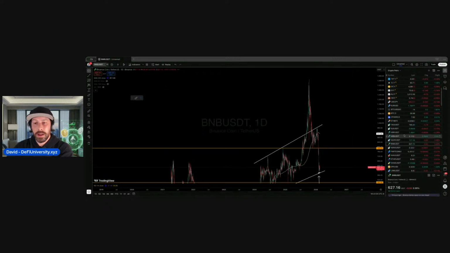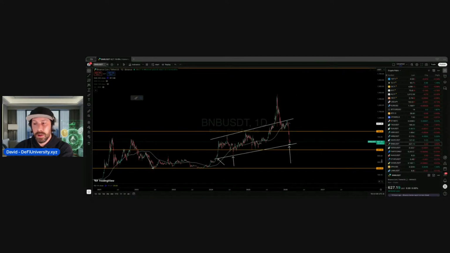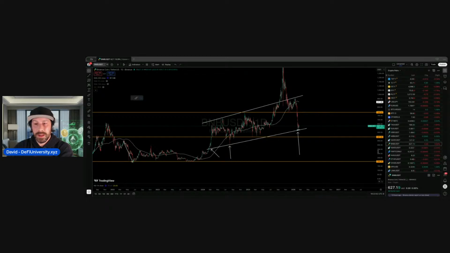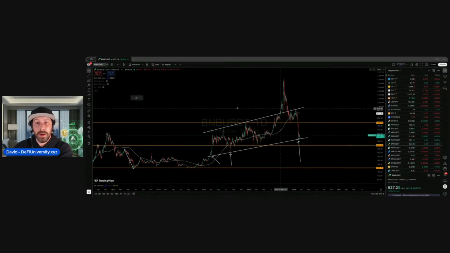Now, BNB, I think that Binance is a bad actor in the crypto space. But even with that being said, this has been a very sharp move on the downside, basically just straight down. And we also got this false breakout here on BNB. That is a false breakout.